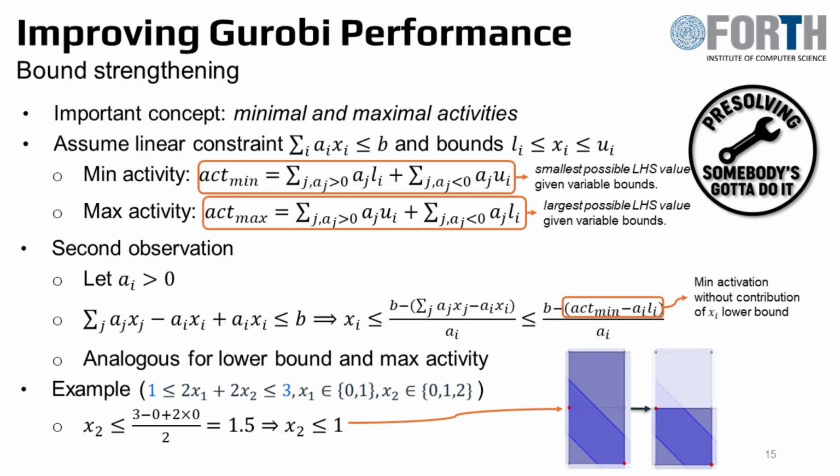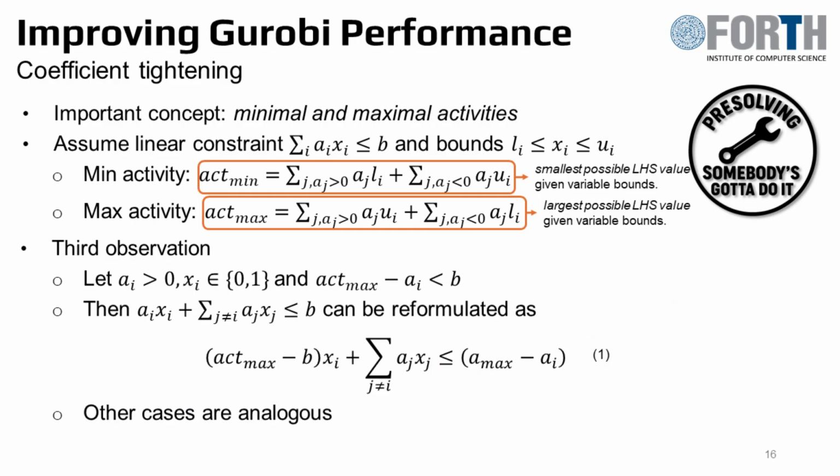We have therefore reduced the domain of x2 from 0, 1, 2 to only 0 or 1. This is a purely algebraic deduction. No branching, no search, just constraint reasoning. Bound strengthening is powerful because it reduces the size of the search space before the solver begins exploring discrete combinations. We now move to a slightly stronger type of reasoning.